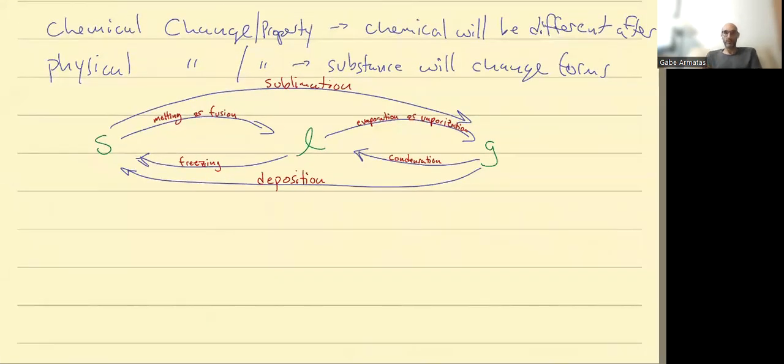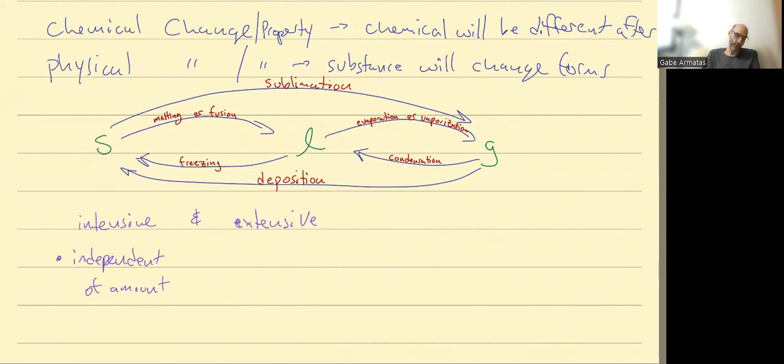Okay, physical, chemical change or property. And among those properties, we have to recognize we have both intensive and extensive properties. An intensive property is independent of amount.